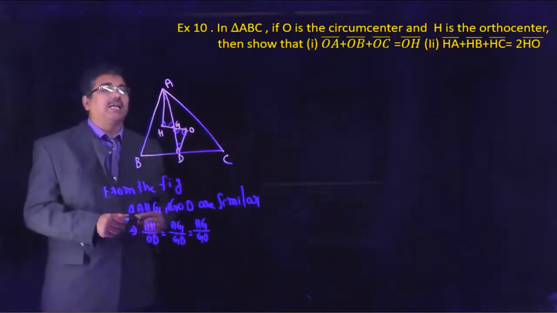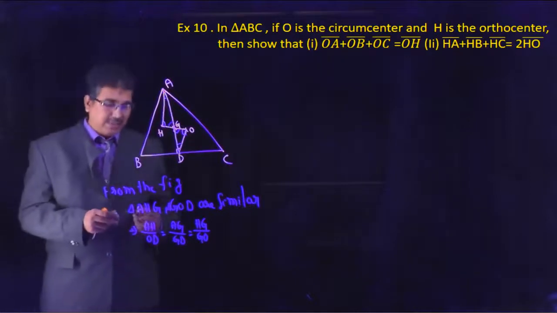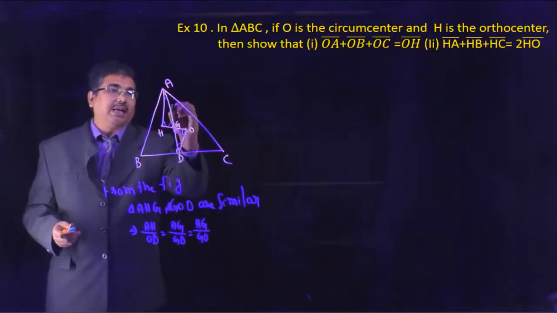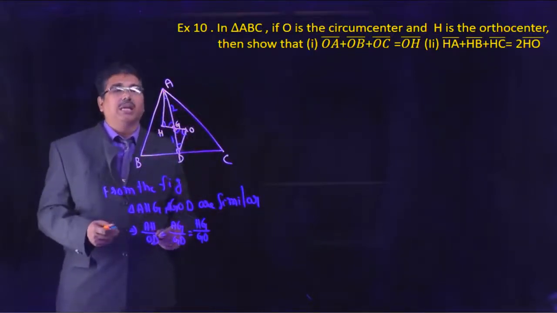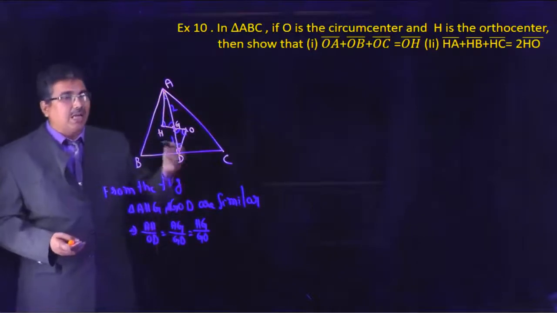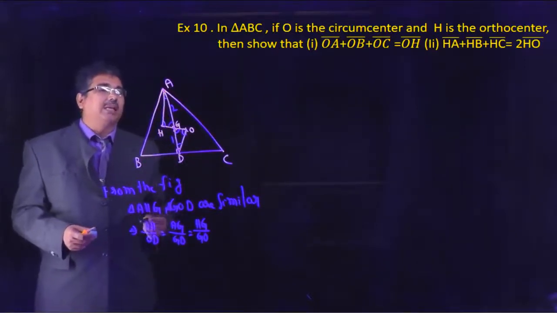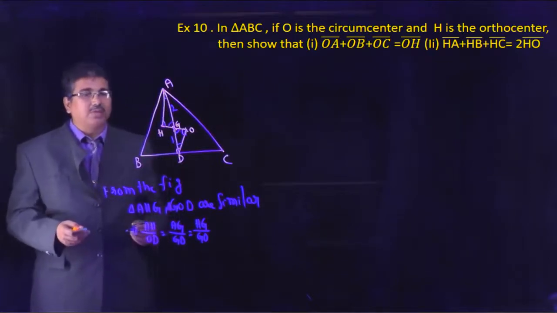In any triangle, centroid divides the median in the ratio 2:1. Also, centroid divides orthocenter and circumcenter in the ratio 2:1.